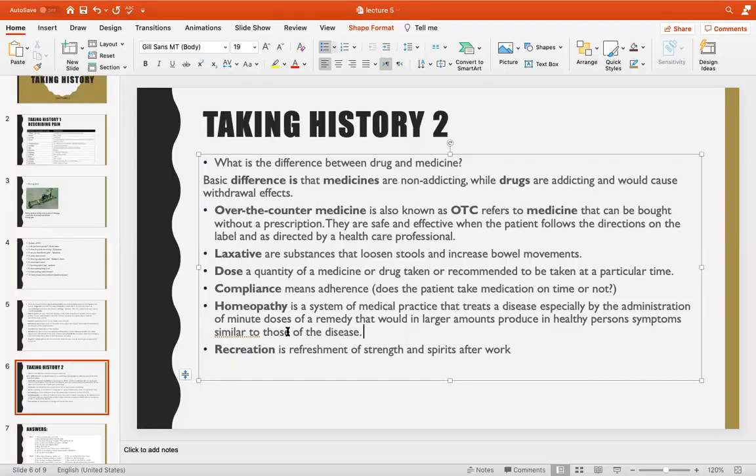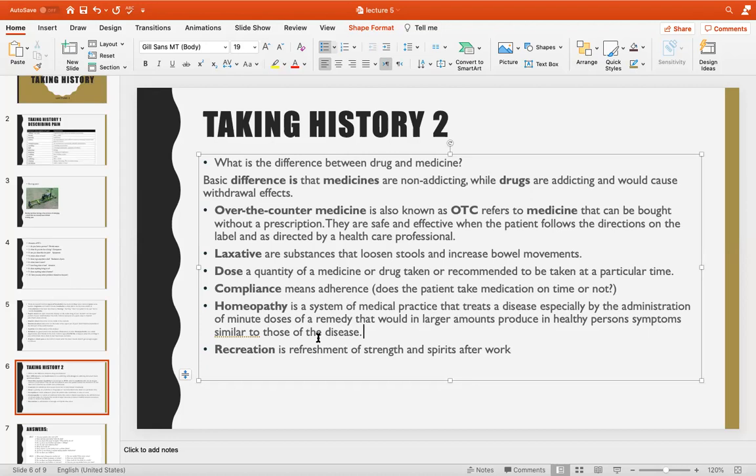What is the meaning of homeopathy? Homeopathy is a system of medical practice that treats a disease, especially by the administration of minute, very small doses of a remedy that would, in larger amount, produce in healthy persons symptoms similar to those of the disease.